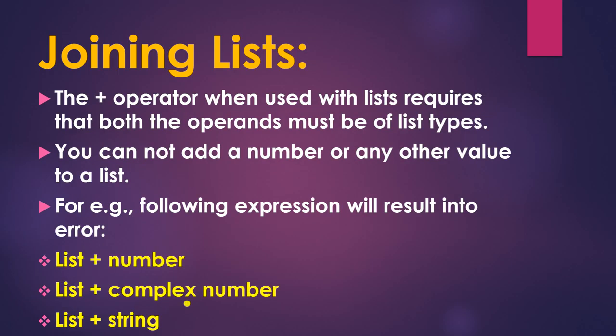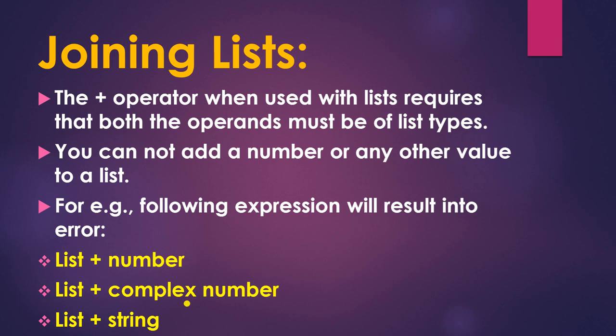Now next, the plus operator when used with list requires that both the operands must be of list type. You cannot add a number or any other value to a list. It is your duty to ensure that the operands are of list type only.